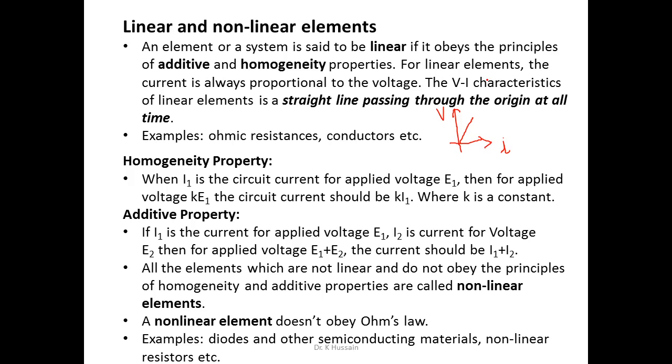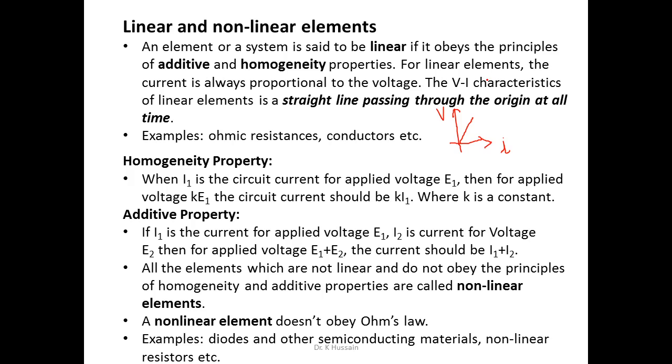Okay. Now, what is homogeneity? Homogeneity property is nothing but when I1 is the circuit current for the applied voltage E1. If we assume the applied voltage is E1 and current is I1, then for applied voltage K E1, the circuit current should be K I1, where K is a constant.